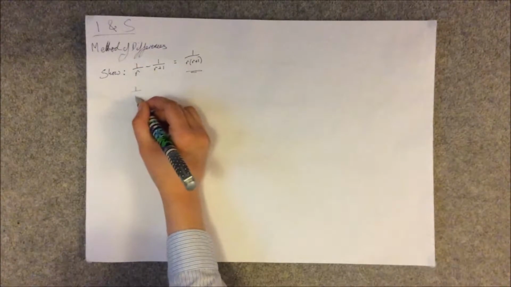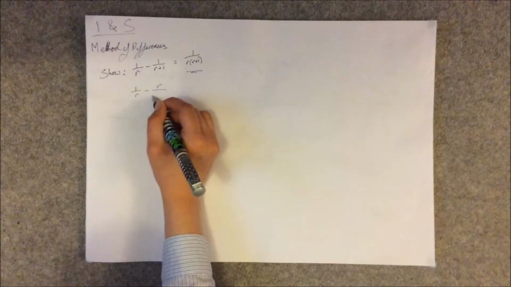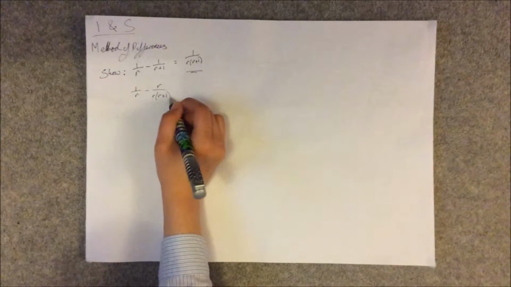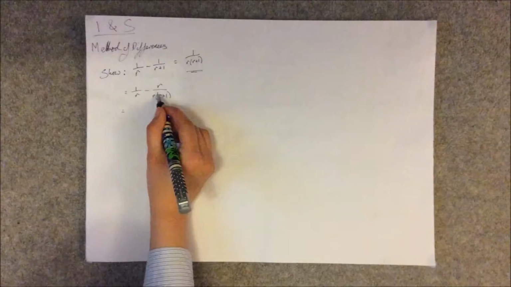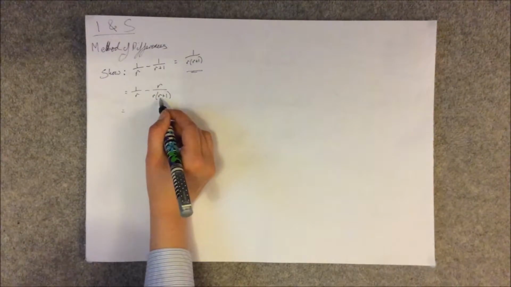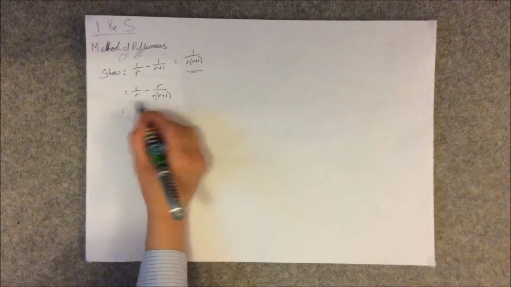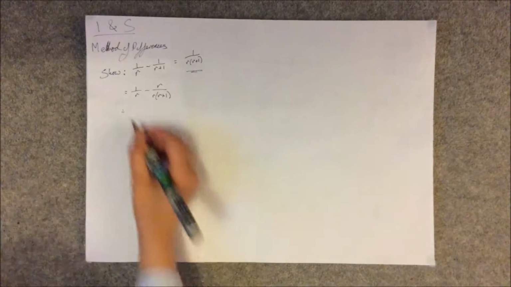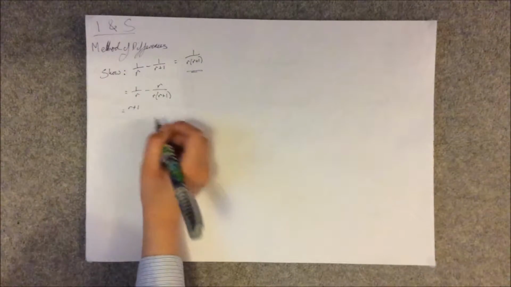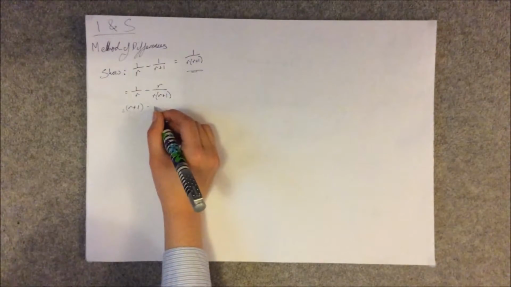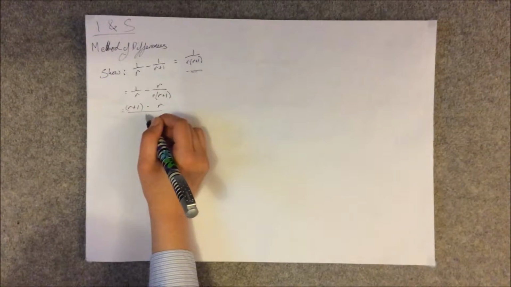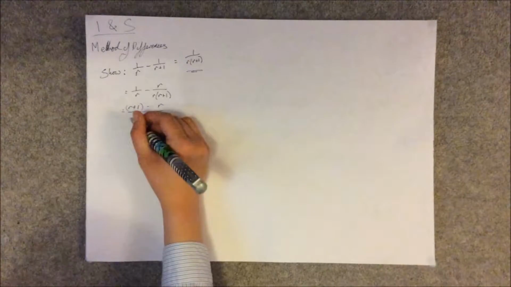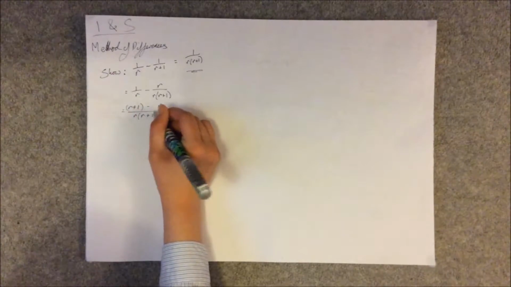So you have 1 over r minus r over r plus 1. And then multiply by what was the base of those, r plus 1, so you get the same denominator on both. So you have r plus 1 minus r over r plus 1.